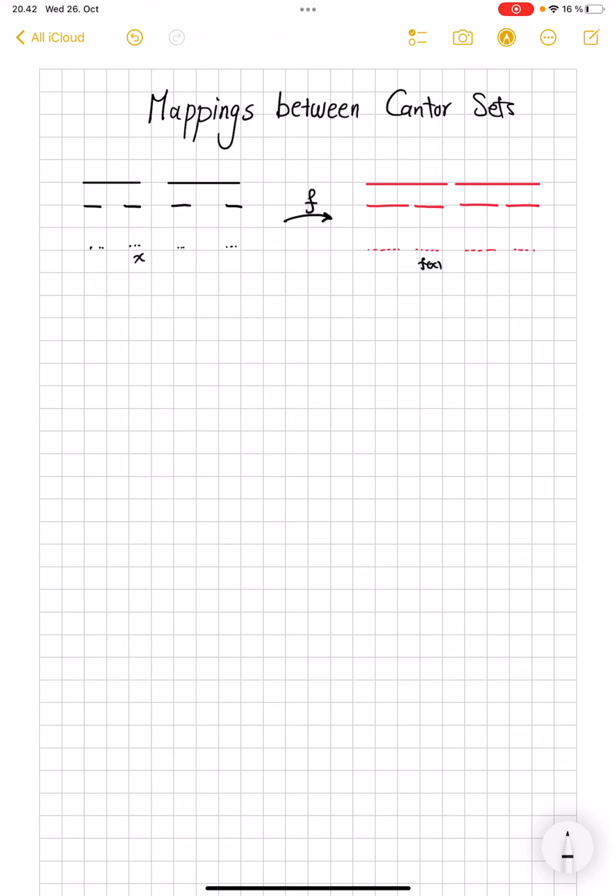In this video, we construct some interesting maps between different Cantor sets with applications to the Coarea formula. Suppose we have two different Cantor sets but constructed similarly, in the sense that the number of subintervals at each stage are the same. So we have 4 and then 4 again here.